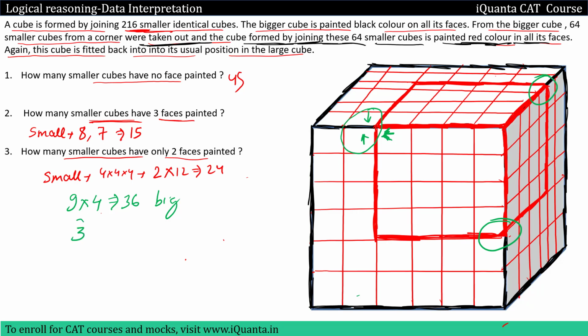So 3 more come to us from the disturbed edges. If you count other cubes, like this one, it will have only one face painted, this one as well, this one as well, then this cube as well. So only 3 are coming from the disturbed edges. So in total we have 24 plus 36 plus 3, that means 63 such cubes which have only 2 faces painted.